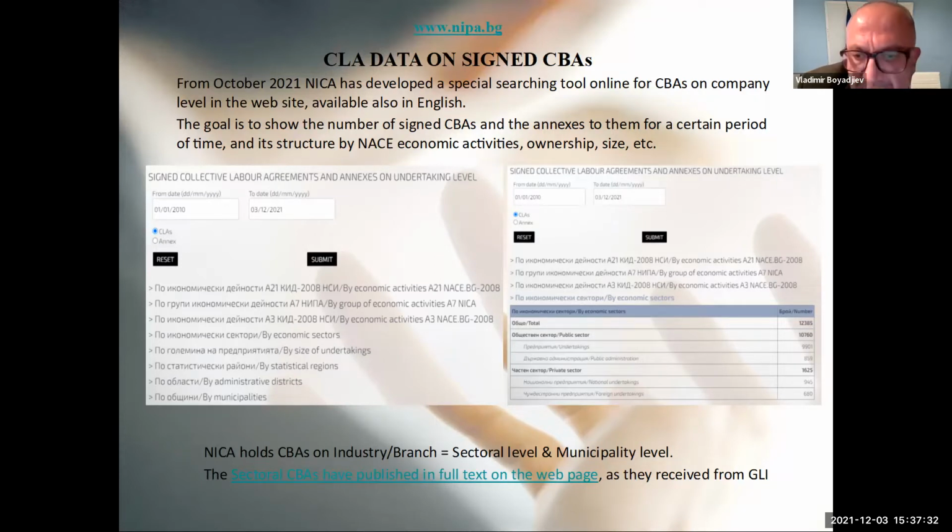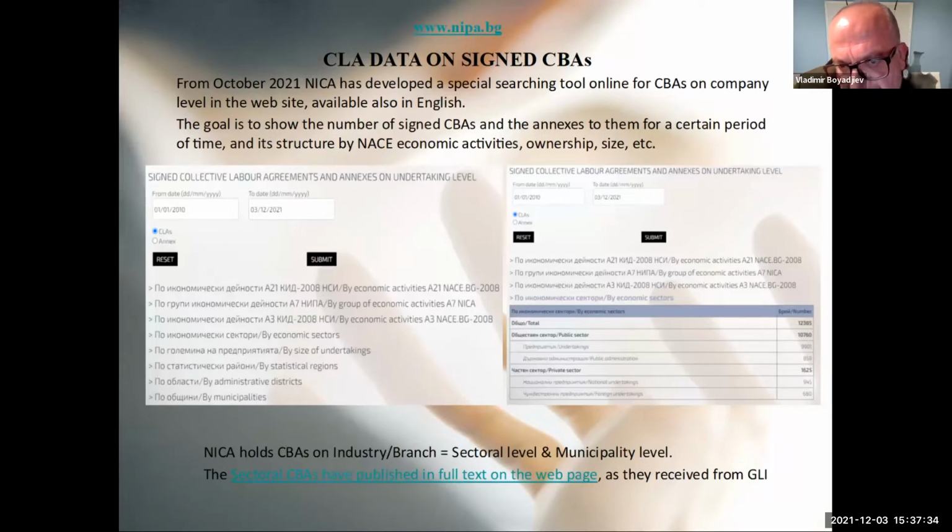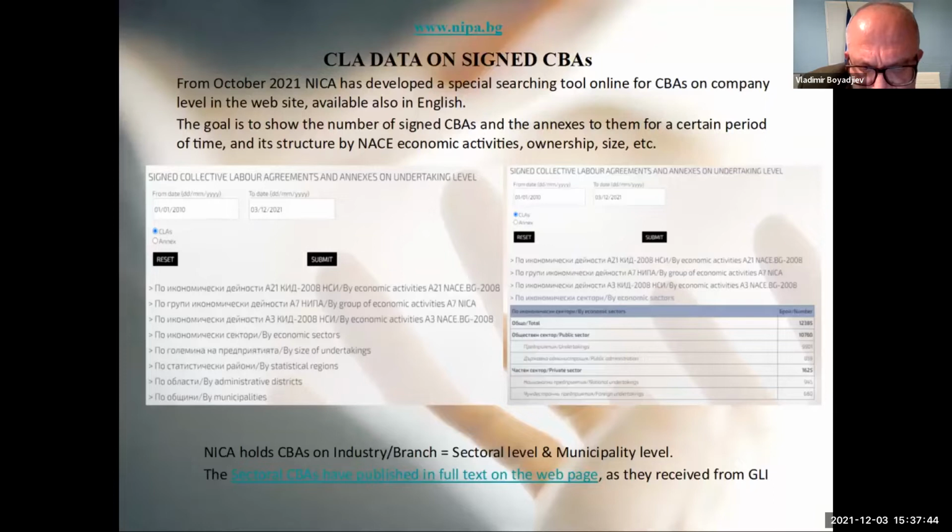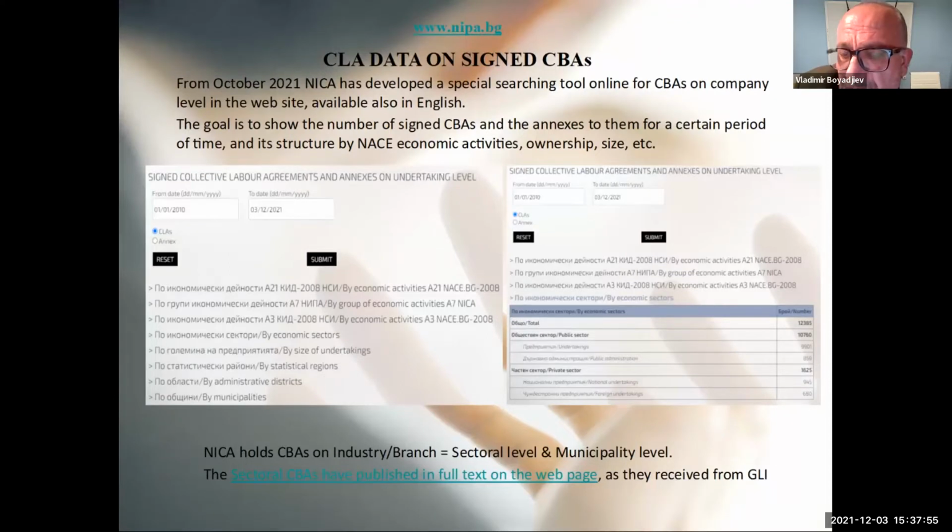And you can receive the information by sectors, by NACE code, by size of enterprises, and municipality, regional distribution.